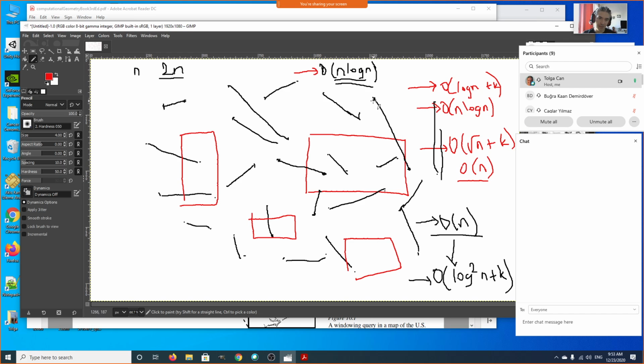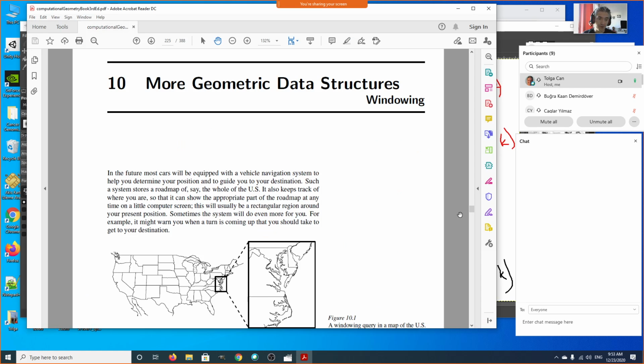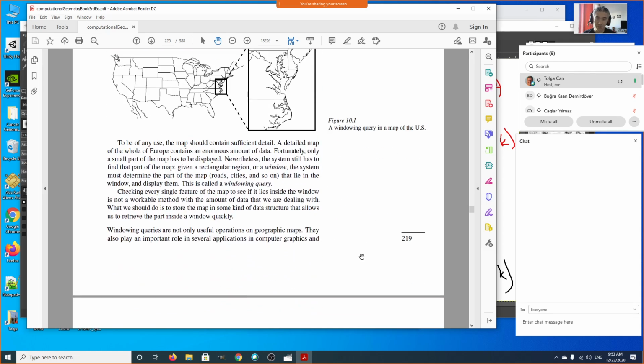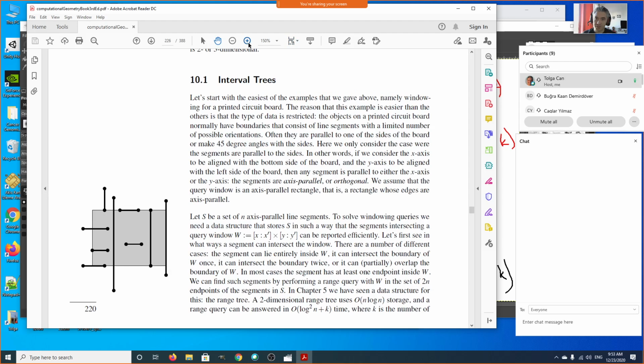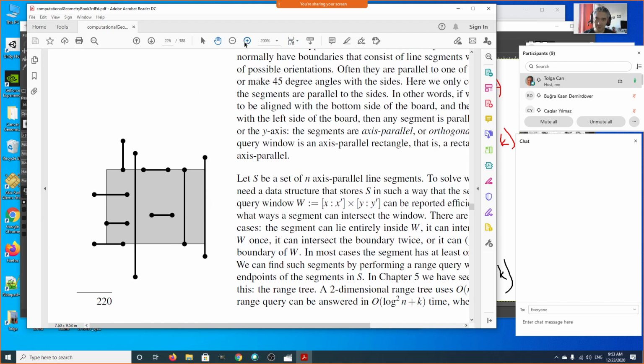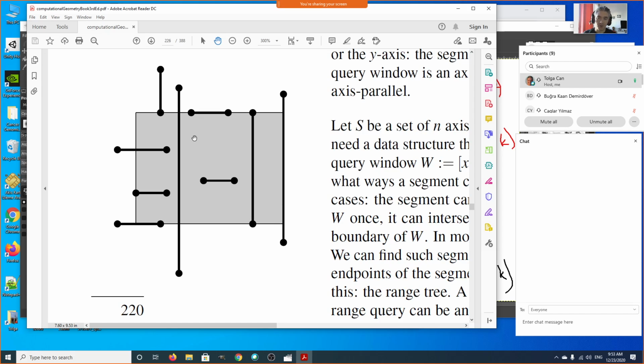We see that if a line segment does not have one of its endpoints inside, then it has to cross the boundaries, top boundary, bottom boundary, or right, left boundary. And if you look at the case of the first problem, where we have only horizontal or vertical line segments, the situation is going to look like this. So look at this figure in the book.